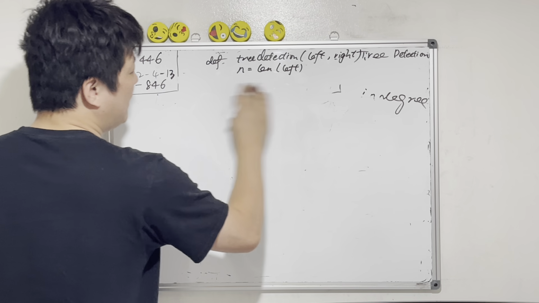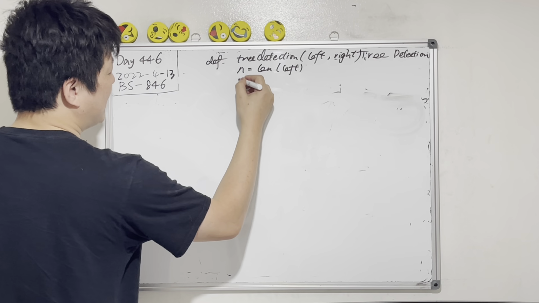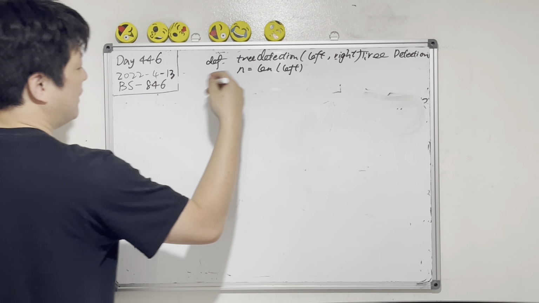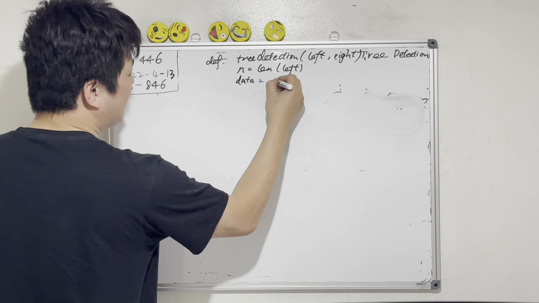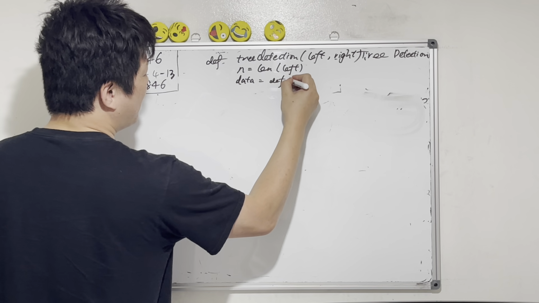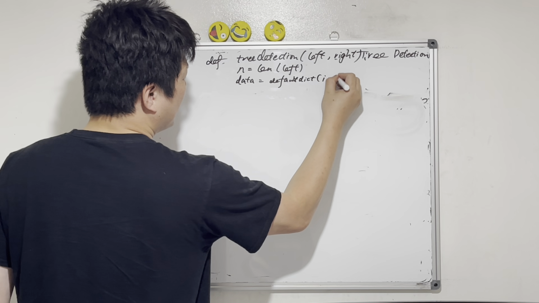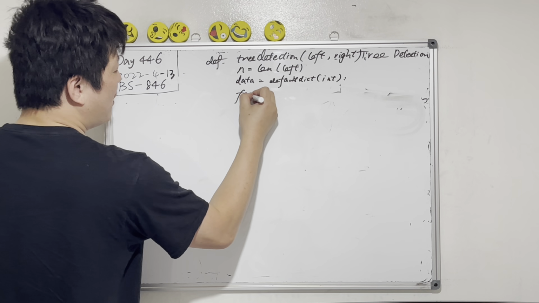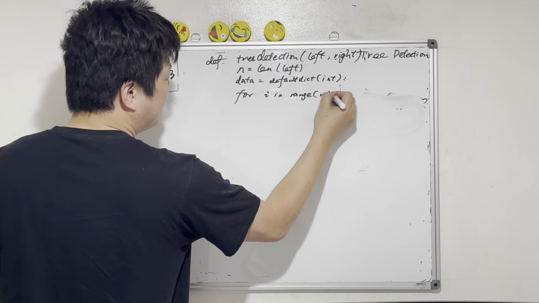And then we can count the number of in degree edges. So let's do it: indegree equals a default dictionary of int. Okay, and then we go through for i in range n.